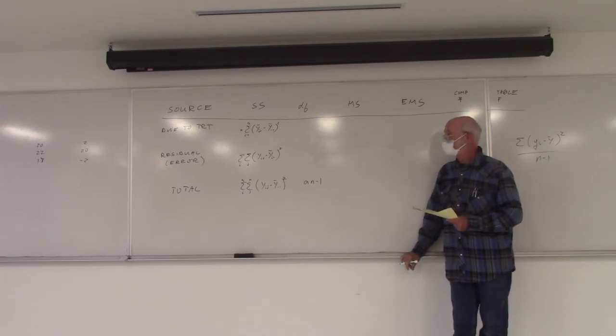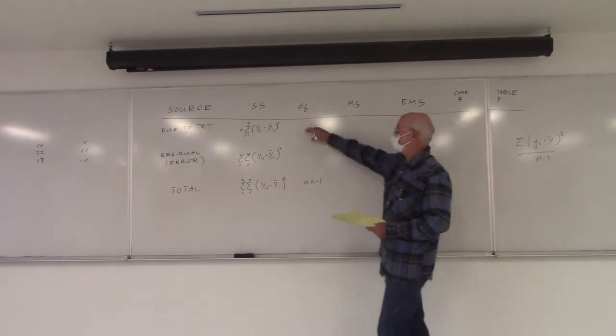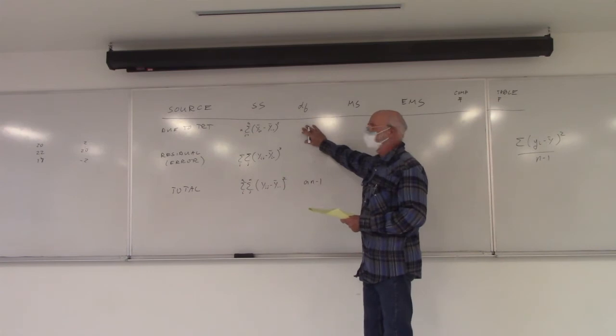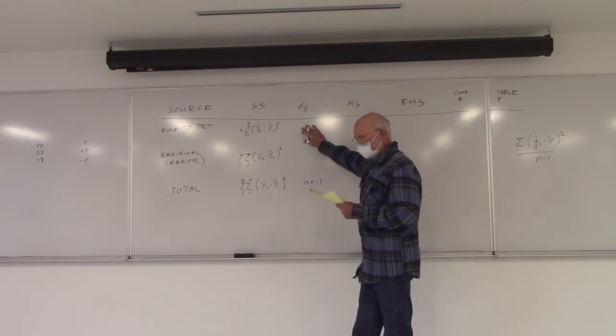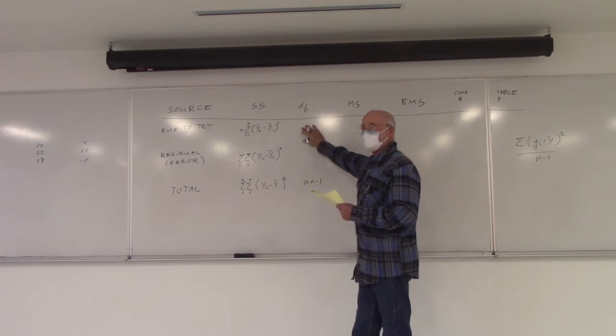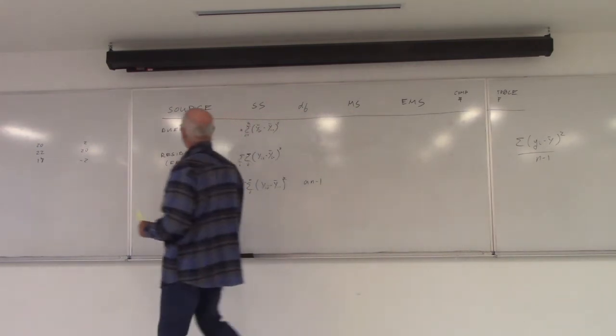Now, let's go to the top one. What are we estimating here? What is y i dot bar minus y bar dot dot an estimate of? Well, let's remember what the model is.